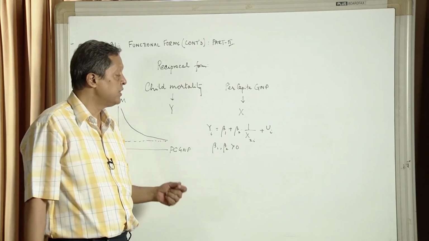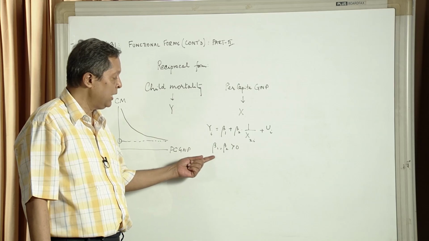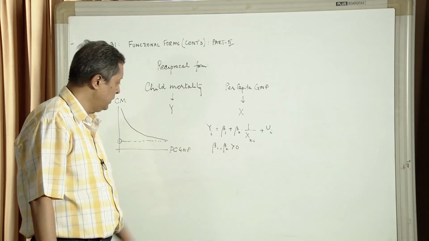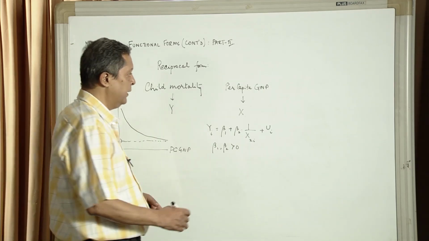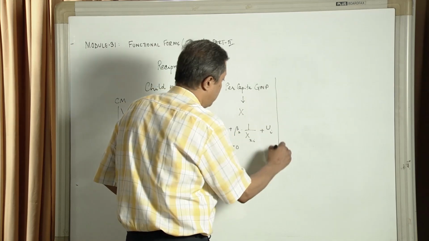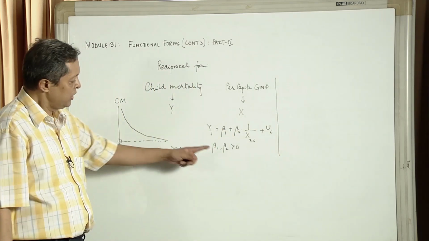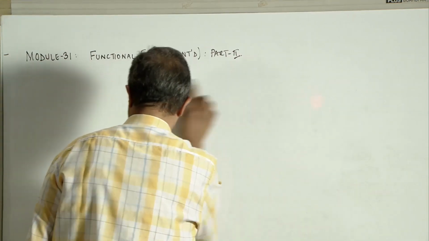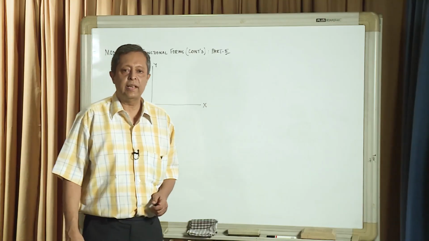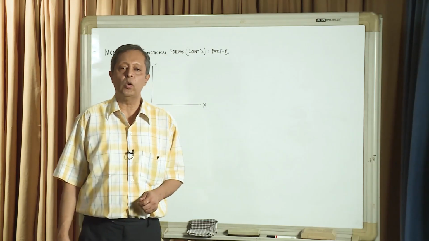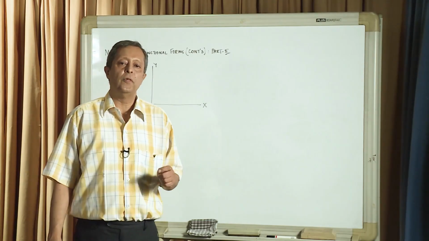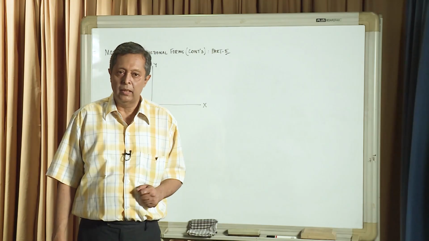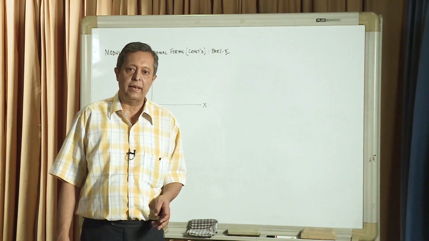Now, it is not always necessary that both beta 1 and beta 2 be positive. So, another case you could have is where beta 2 is positive, but beta 1 is negative. So, in case of reciprocal models, it may so happen that the coefficient beta 1 is negative and the coefficient beta 2 is positive as earlier.